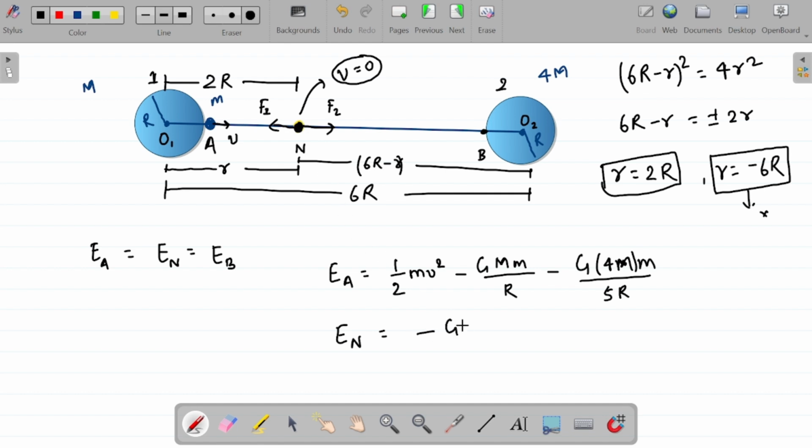So minus G M m by, what is the distance from this center? It is 2r. And then due to this second sphere, G 4M m, from here to here it will be 4r. Now these two energies should be equal.